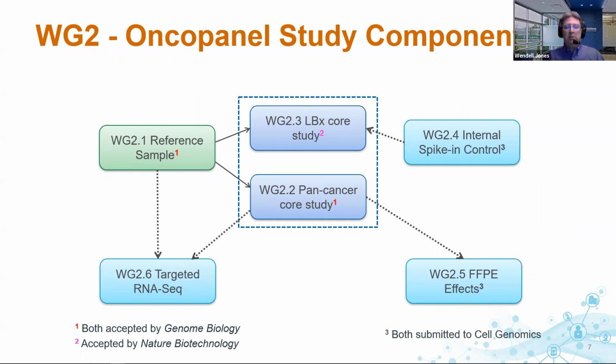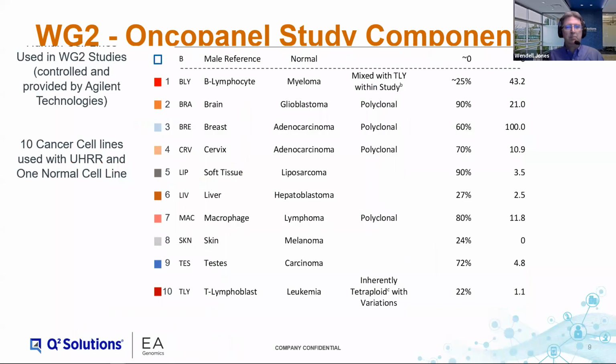In this particular case, I'm focusing on the reference sample itself, which is the basis for how we evaluated things like the pan-cancer study and the liquid biopsy study for many, many different panels, as well as looking at things like target RNA-seq, and also examining, for example, the impact of FFPE on this material. So we were using this as a basis to inform other studies in the working group about the performance and characteristics of these different Oncopanels and liquid biopsy tests.